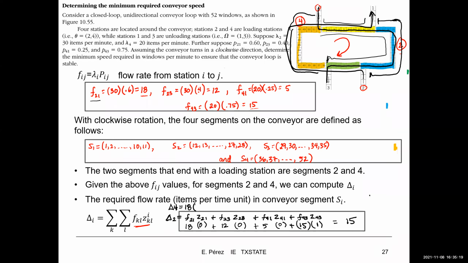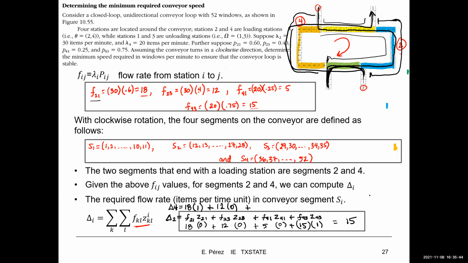So yes, we are using that orange piece. So we'll multiply this by 1. Plus 12, 2 to 3. If we go from 2 to 3, we are not using that orange segment. We're just going from here to here. So this is 0.